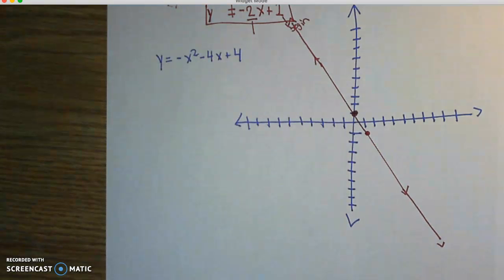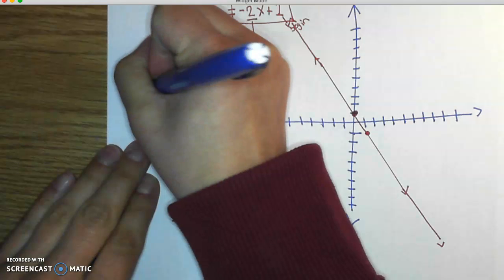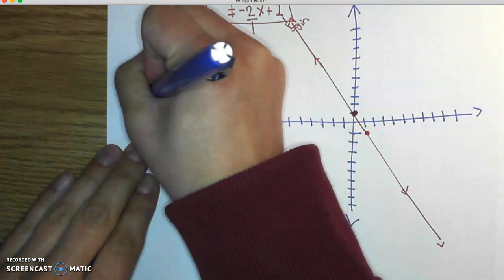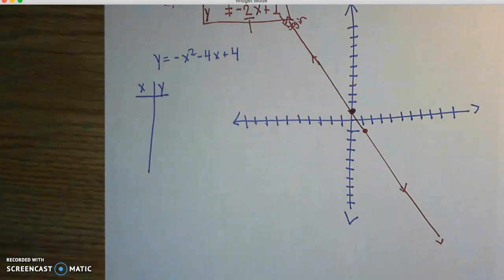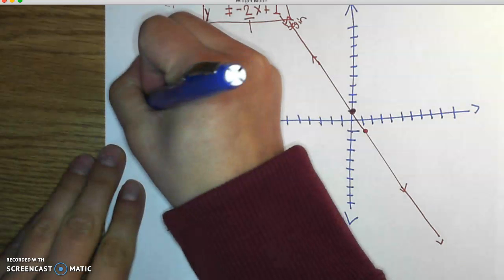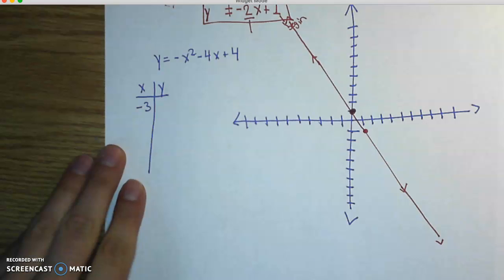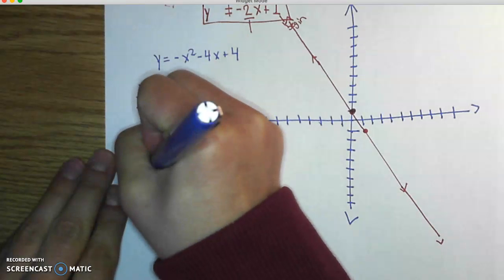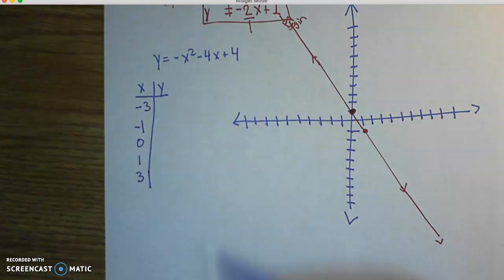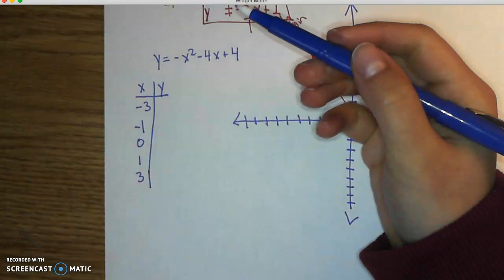And if you remember, we can always use an XY table to help us graph. Always, always, always. So I'm just going to pick some numbers. I'm going to pick -3, -1, 0, +1, and +3.